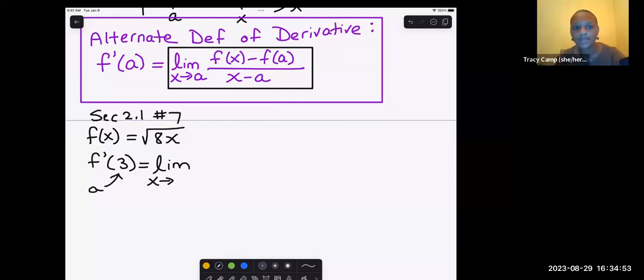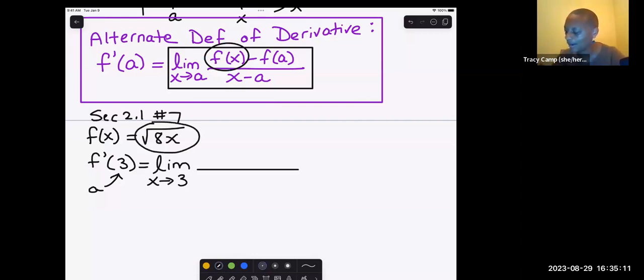So x approaches 3 of f of x, and f of x is the function that we're given, the square root of 8x, minus f of a.